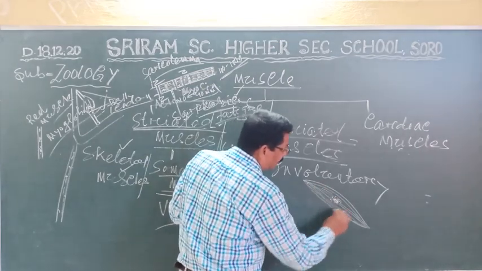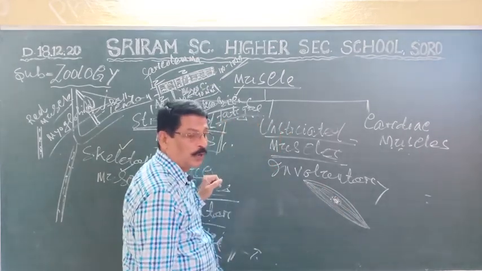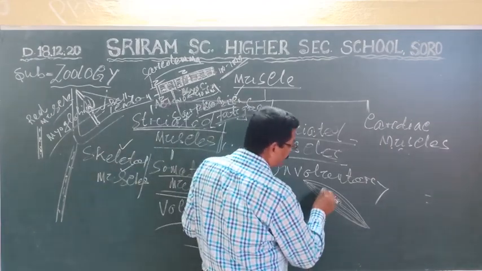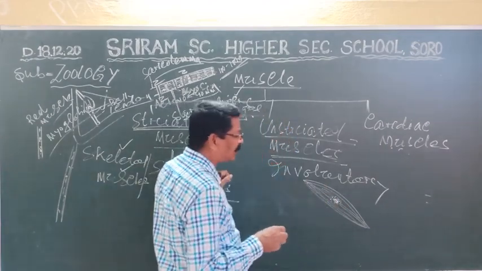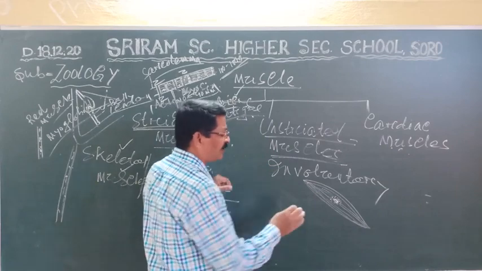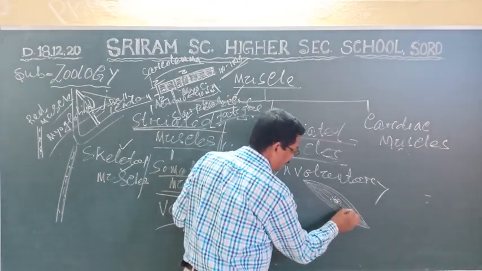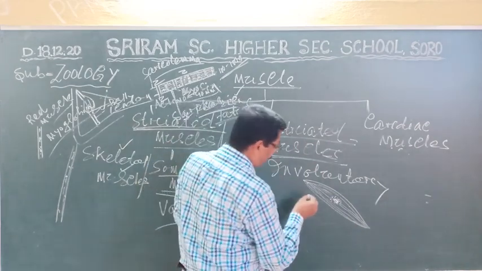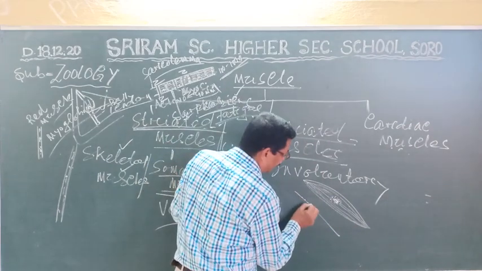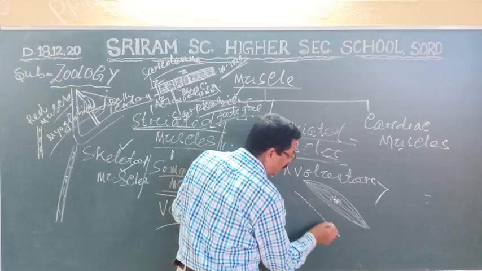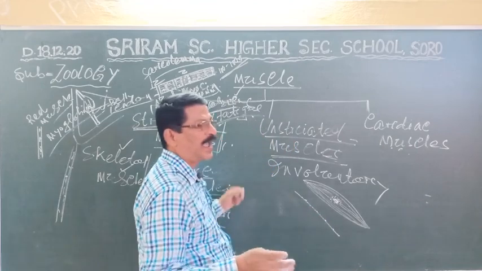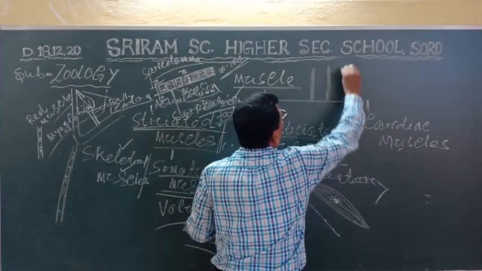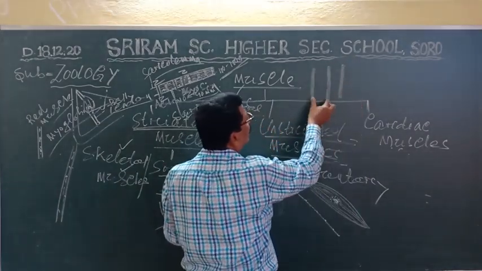And here the white and dark bands do not appear in the myofibrils of the unstriated muscle, because here the actin protein filaments and myosin protein filaments are arranged in a scattered manner, not in a particular or compact manner.